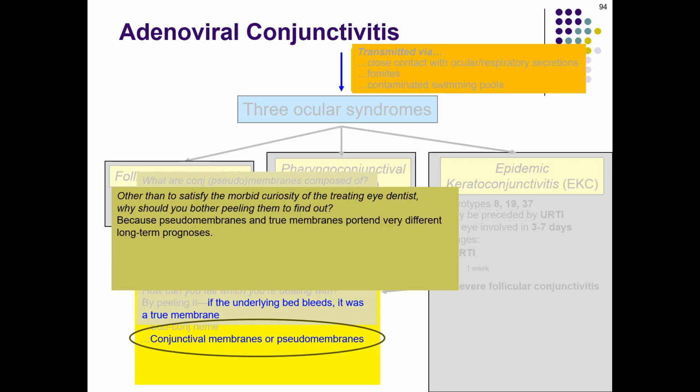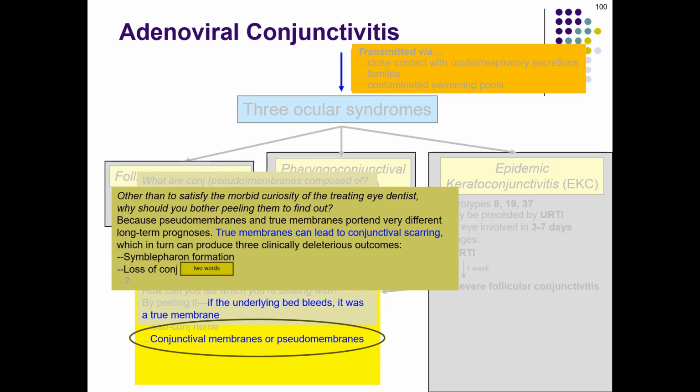As I said before, because pseudomembranes and true membranes present very different long-term prognosis. True membranes can lead to conjunctival scarring, which in turn can produce three clinically deleterious outcomes. The first one is symblepharon formation. The second one is loss of the conjunctival goblet cells, and therefore dry eye disease secondary to mucin deficiency.